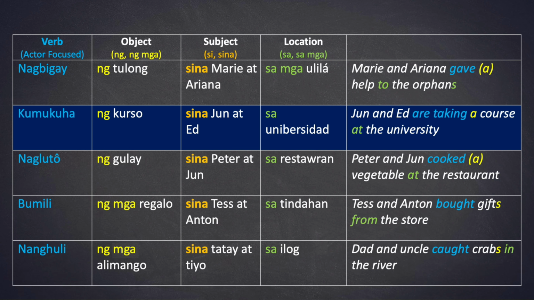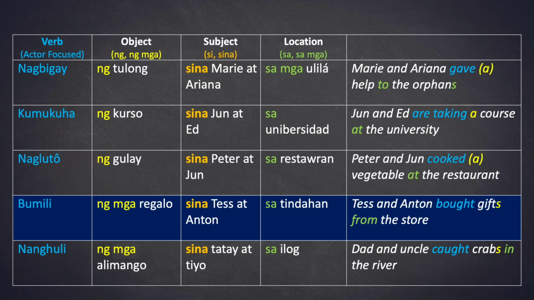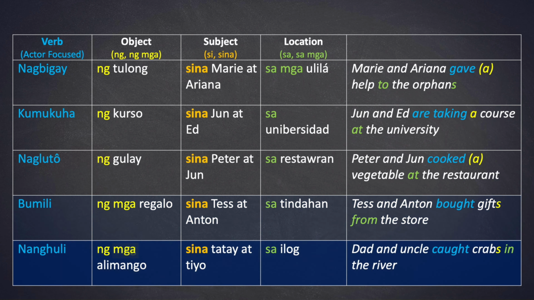June and Ed are taking a course at the university. Nagluto ng gulay sina Peter at June sa restaurant. Peter and June cooked vegetable at the restaurant. Bumili ng mga regalo sina Tess at Anton sa tindahan. Tess and Anton bought gifts from the store.